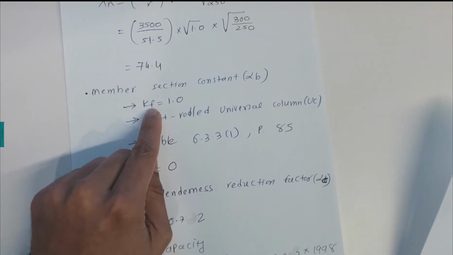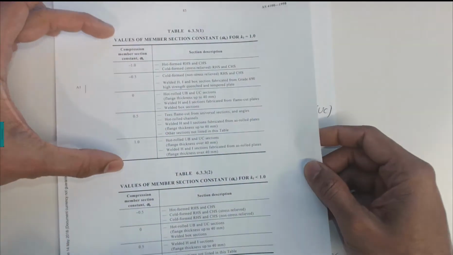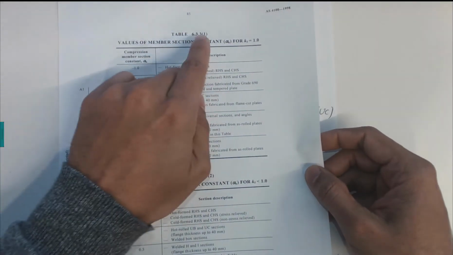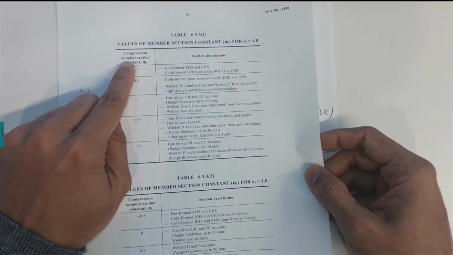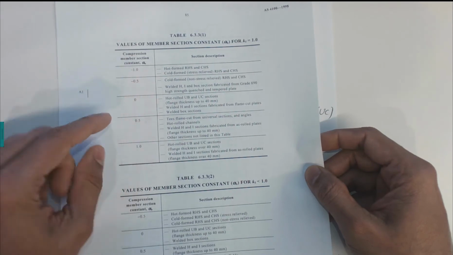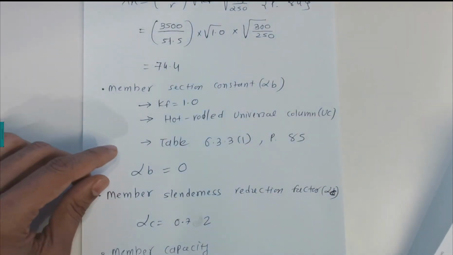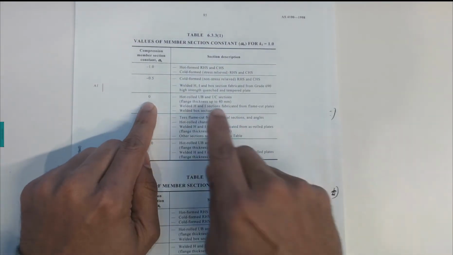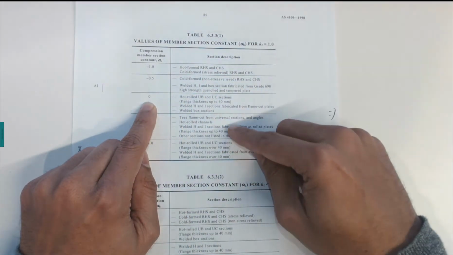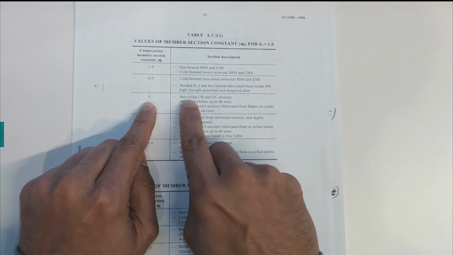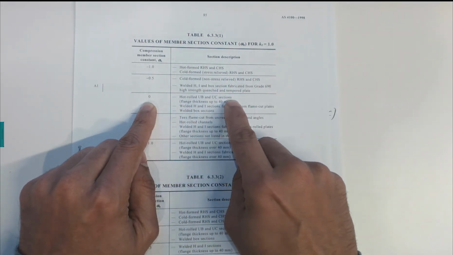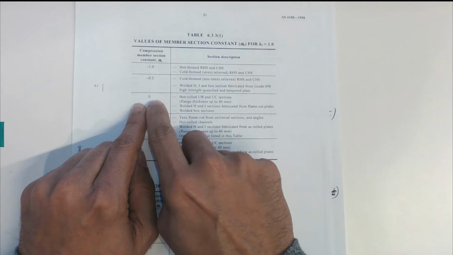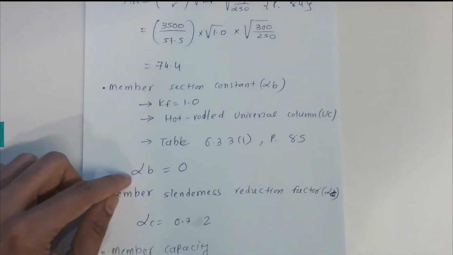In our case kf is 1, so we use the first table for the compression member section constant alpha b. Alpha b is 0 for hot rolled universal beam or universal column sections.